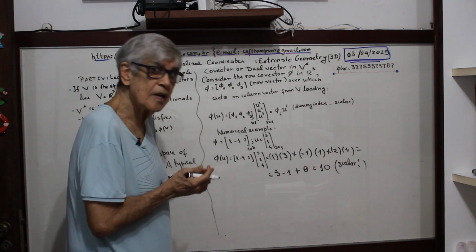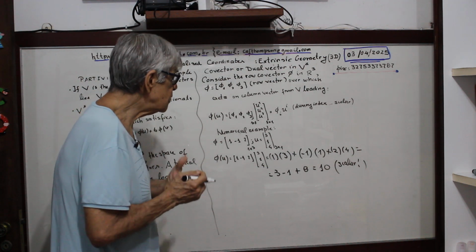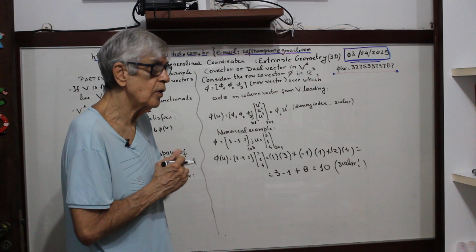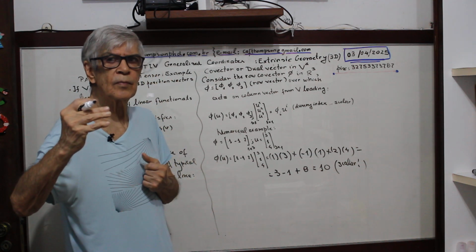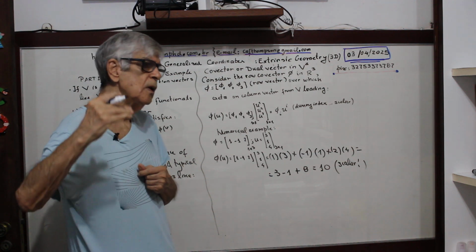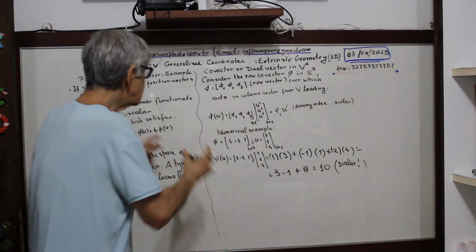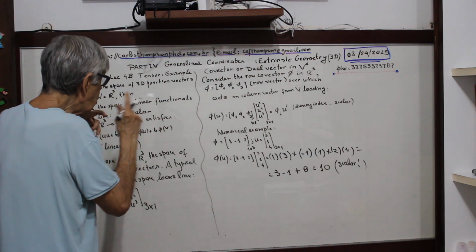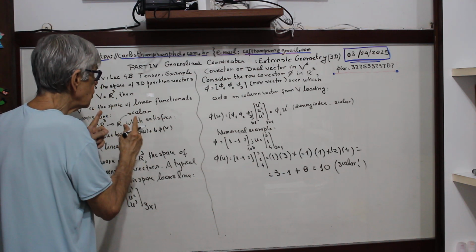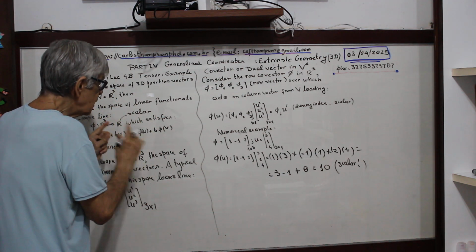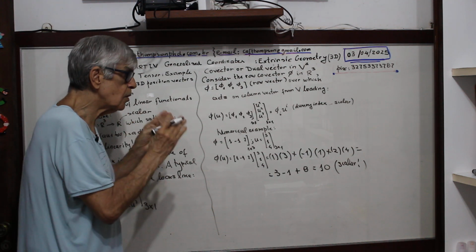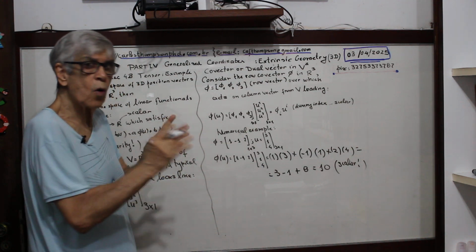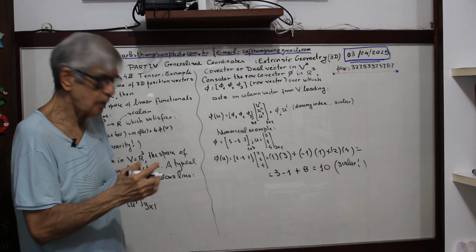We can extend this definition of tensor to higher order tensors: second order tensor, third order tensor. This is just a one-order tensor, which is a vector.